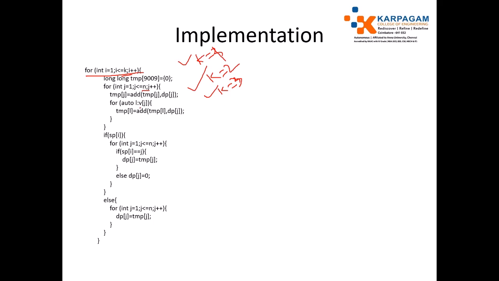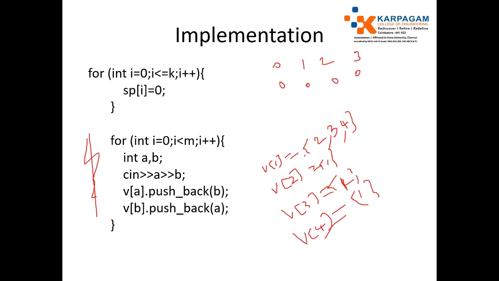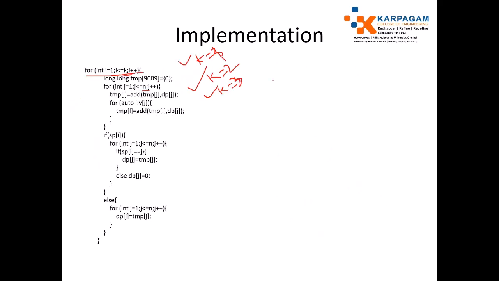For example, 1 to 2, 1 to 3, 1 to 4. There are 3 nodes connected with node 1. That is also accounted for. For this purpose I use auto in the for loop, which explores the nodes connected with the source node 1. That is also recorded. So it makes 3 trips: one is connected with 2, and another is 1 trip.